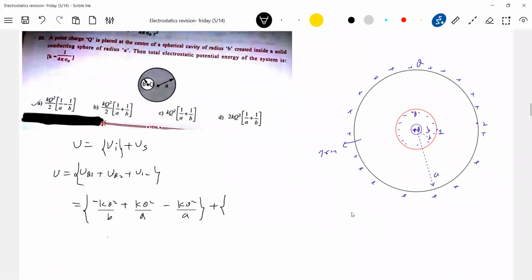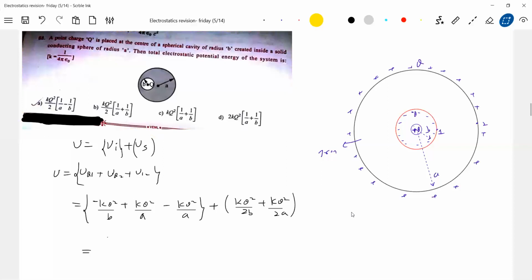Now let's go for self energy. Self energy of the surfaces: kq square by 2b, kq square by 2a. This is the self energy. Solving this will give the total energy. But where was the cavity? The cavity was somewhere here, no? I shifted it. So that is the presence of the cavity in the conductor.